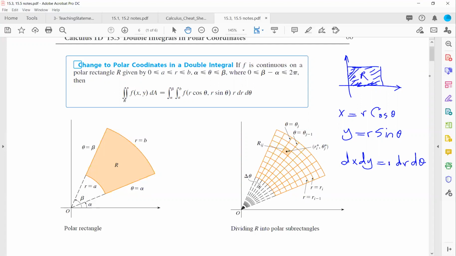That's how you can use polar coordinates to convert xy into r theta. Be careful, you have to make 3 changes. You convert x into r theta, y into r theta, and dx dy into r dr d theta.